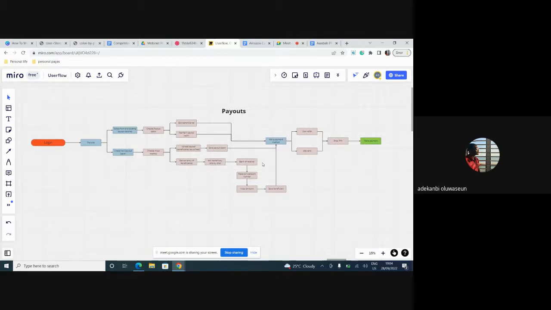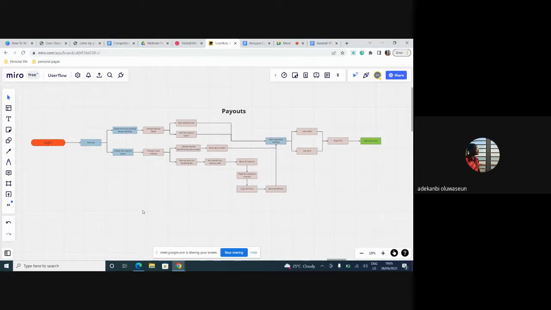Under payouts, the acceptance criteria could be that once a user selects a bank account, right, they should get debited. That's one acceptance criteria. The second acceptance criteria is that if a user decides to skip adding a debit amount, they should not be able to move to the next.